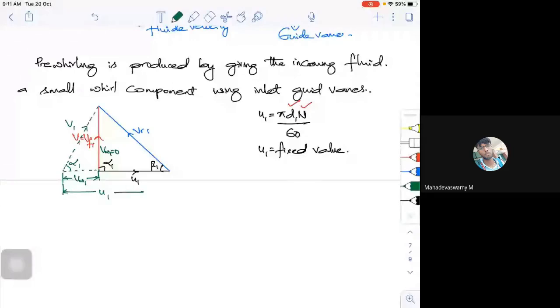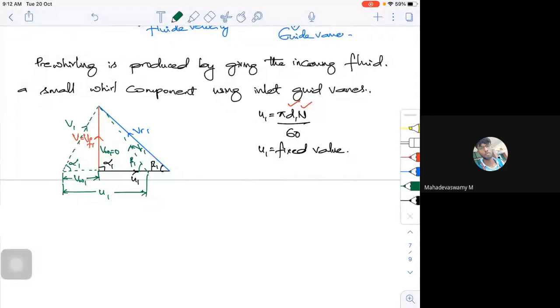So my new velocity triangle will look something like this. This will be my U1, this will be my beta 1, and this will be my VR1. You can closely observe that there's a slight reduction in VR1. I am getting a small whirl component VW1, and U1 is fixed, so the beta 1 value has increased.